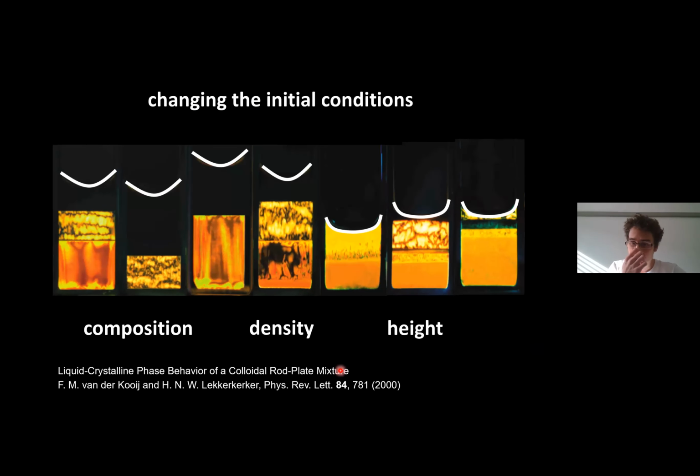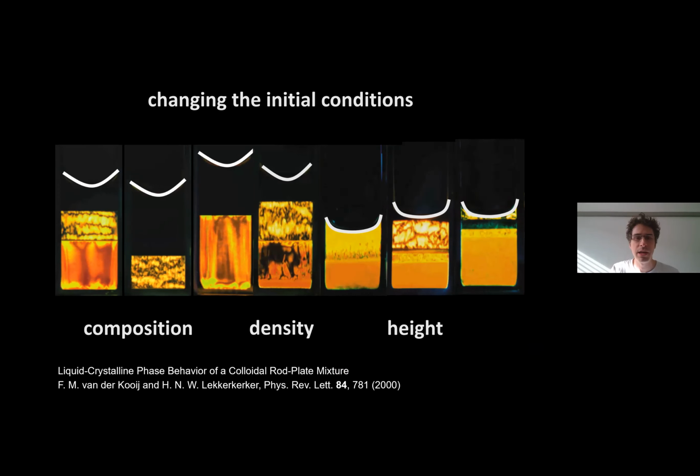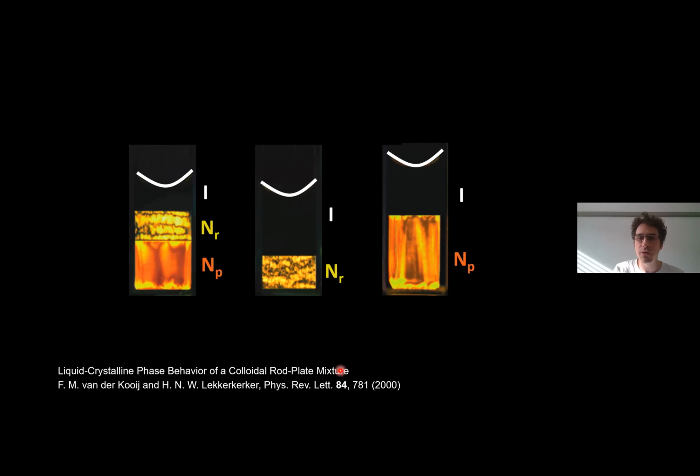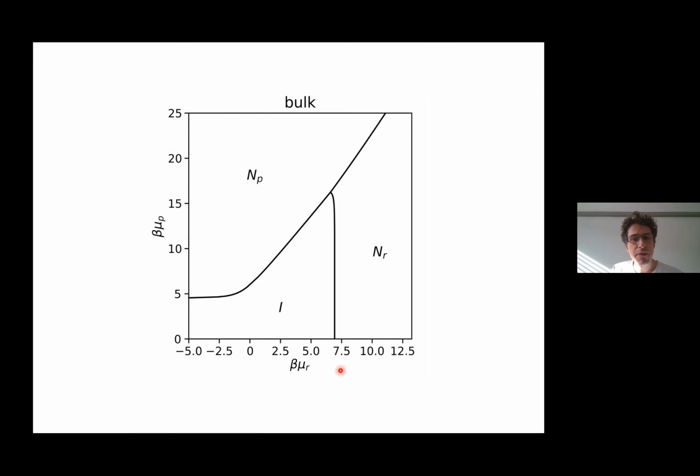So now that we have our model with gravity, we can try to make a quantitative comparison with the experiments. Yeah. In particular, there are 3 samples that involve only phases with orientational order, and what we can do is to find the path in the bulk phase diagram that corresponds to this sample.